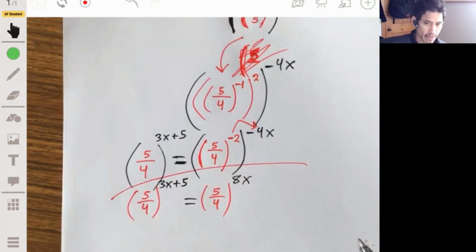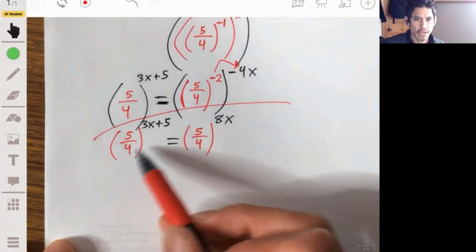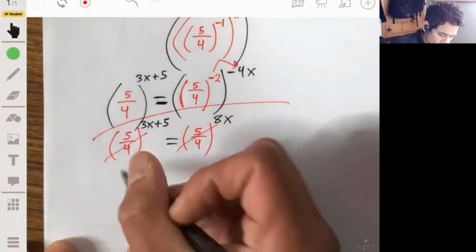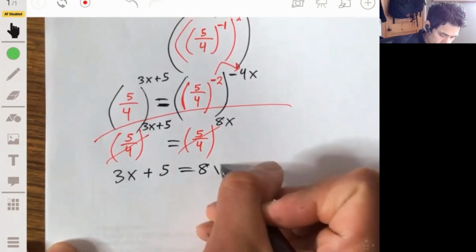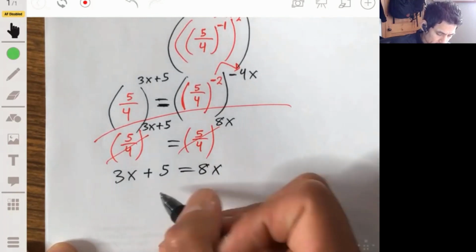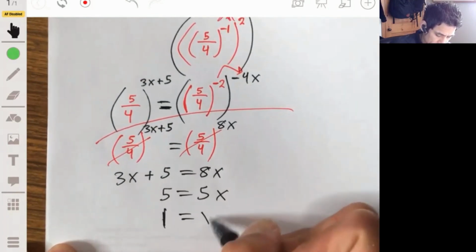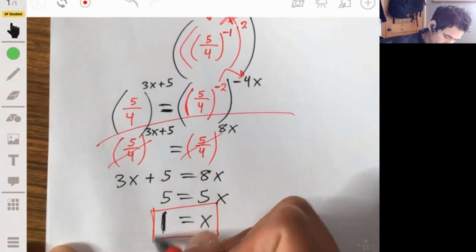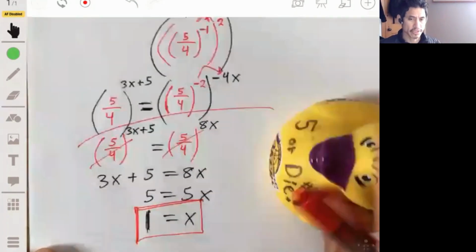And then we can cancel out the 5/4 finally, because now we just set 3x plus 5 equal to 8x. Take away 3x, you get 5 is 5x. And then x is just 1. And there you go. That's our answer.